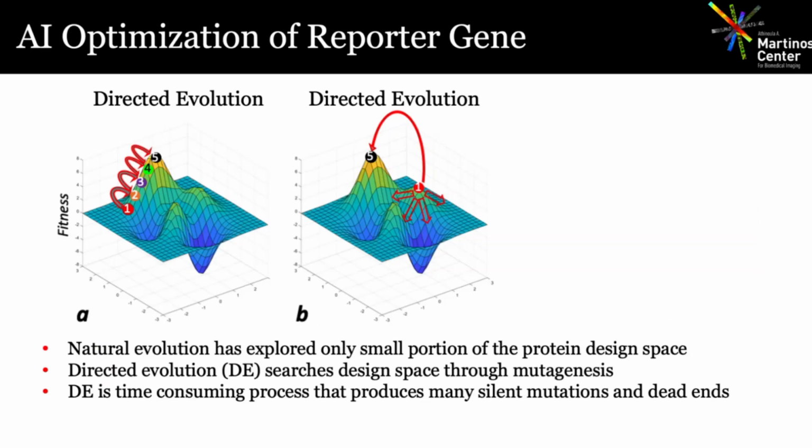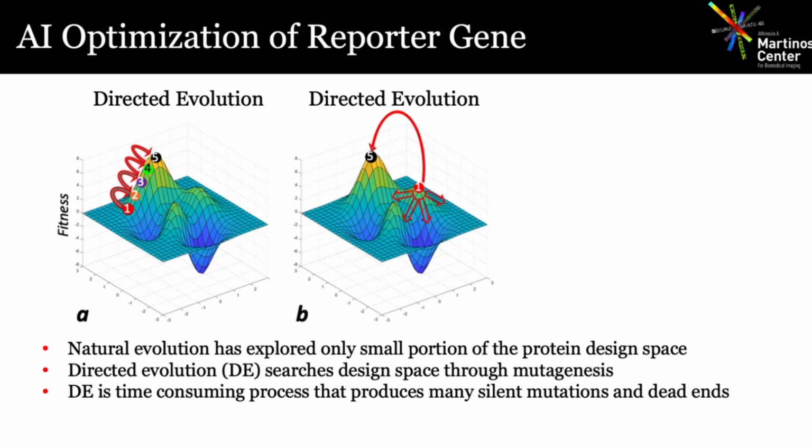One approach we took was to use essentially machine learning. Natural evolution has only explored a small region of the protein design space. And most people frequently use directed evolution to search for better proteins, say through mutagenesis, but this is very time consuming and a lot of the mutations are dead ends and don't do anything.